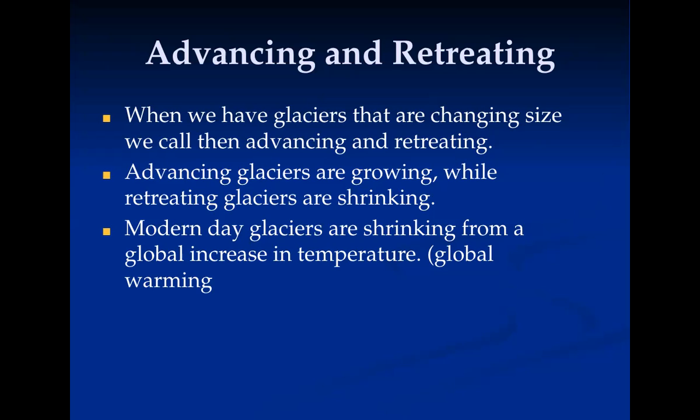So think shrinking, okay? So modern day glaciers are shrinking from a global increase in temperature, and this takes us back to climate change and global warming, okay? So all of those greenhouse gases in the atmosphere heating up, the glaciers are melting, and therefore sea levels rise.